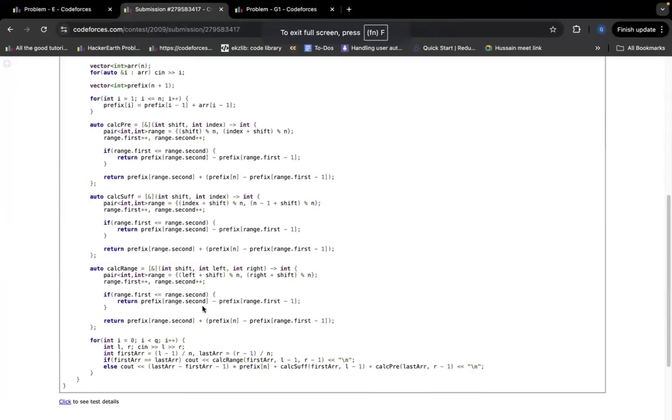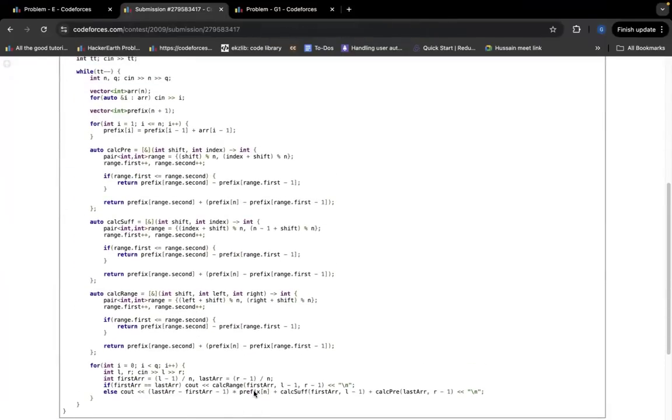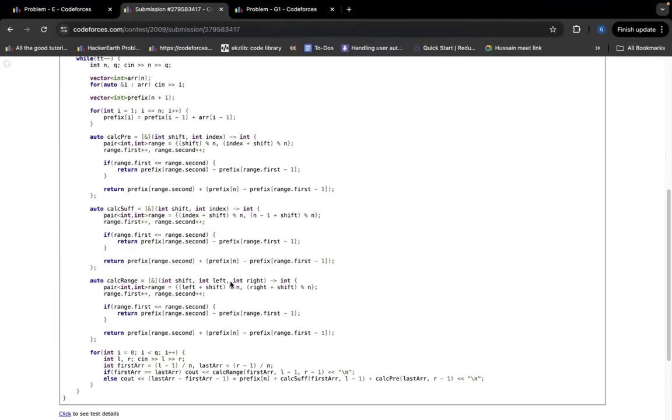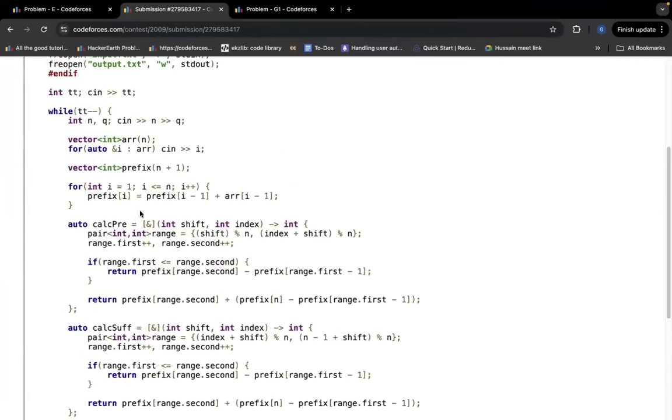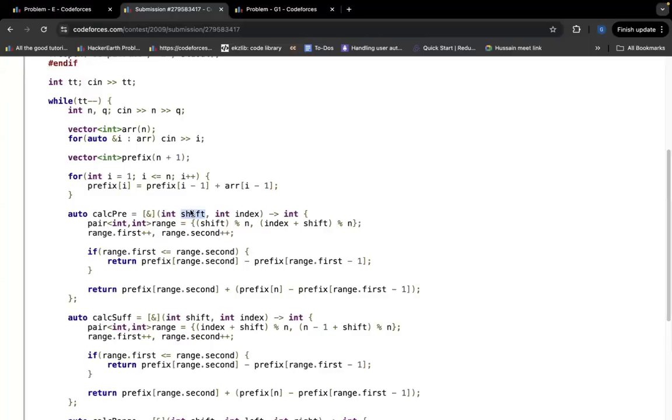I will show you all the code right now. My code is very ugly, but I will brief you through this very quickly. All right. So I know which shift it is, like how much it is shifted. I'm calculating in zero-based indexing, so it remains as it is.